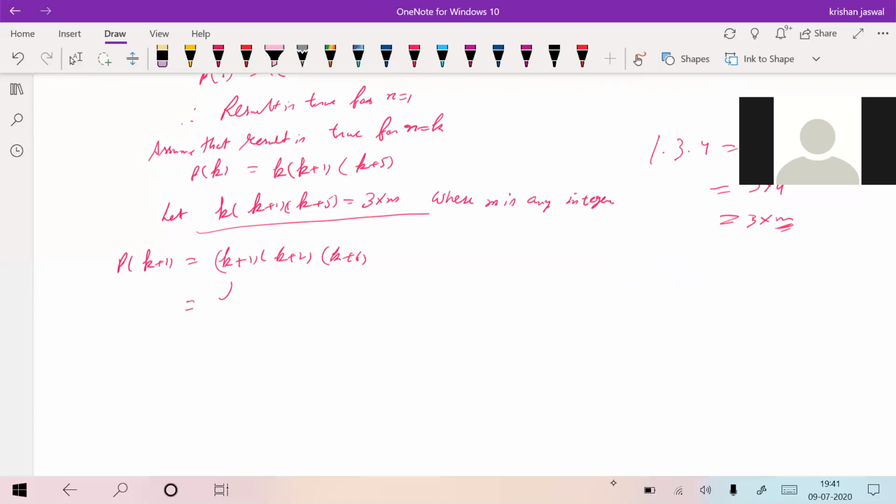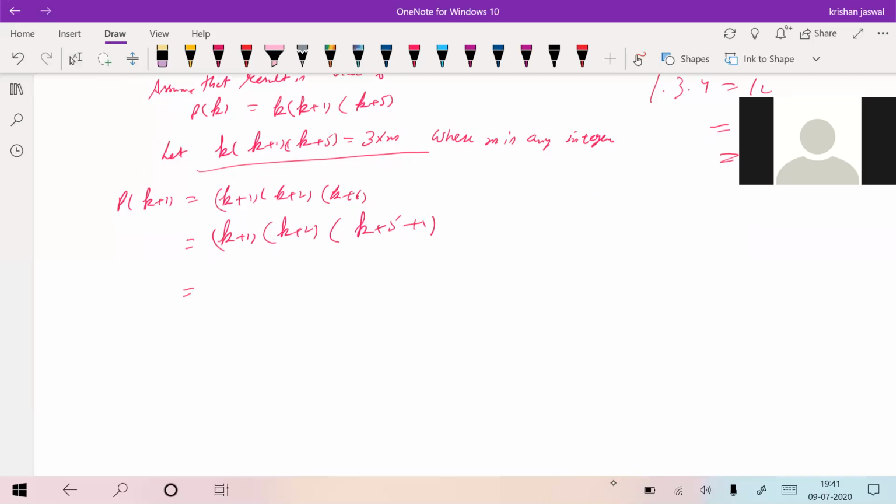Now write it as k plus 1, k plus 2, k plus 5 plus 1. Same thing. Now multiply k plus 2 with the remaining terms, k plus 5 plus 1.